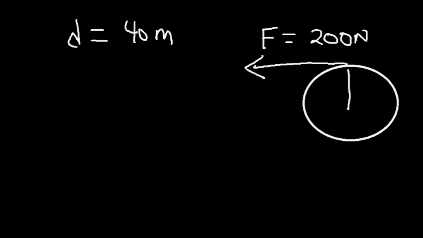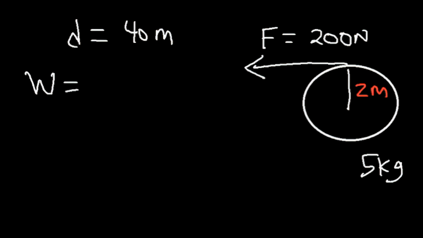Let's say the radius of this disc is 2 meters. How much work is done by pulling the rope with a tension force of 200 newtons a distance of 40 meters? And let's say the mass of the disk is 5 kilograms.